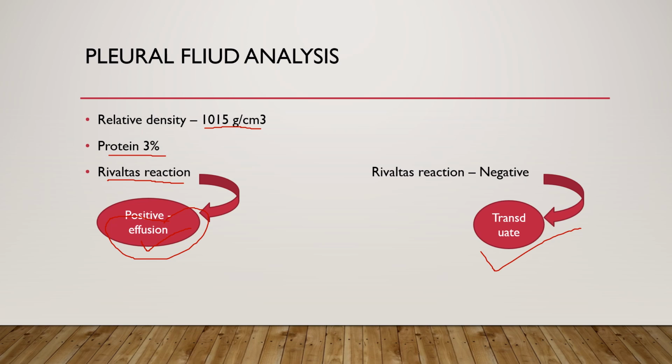First of all, we find whether it is transudate or effusion. If it is transudate, then our conclusion is finished. We can say the density is less than 1015, protein is less than 3%, and Rivalta's reaction is negative, so we are talking about transudate. Our conclusion is finished there. But if all the values are more than their normal values and Rivalta's reaction is positive, then we are talking about effusion.